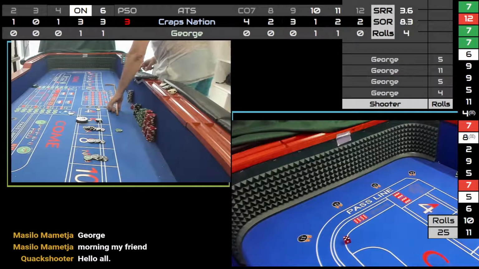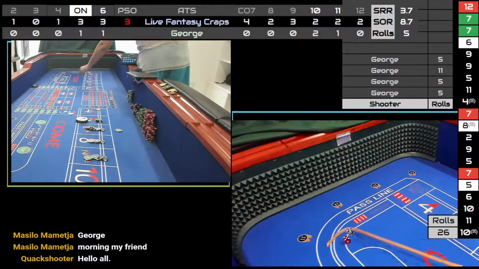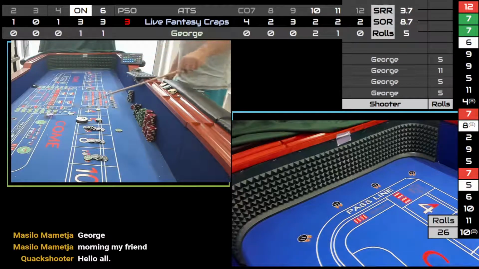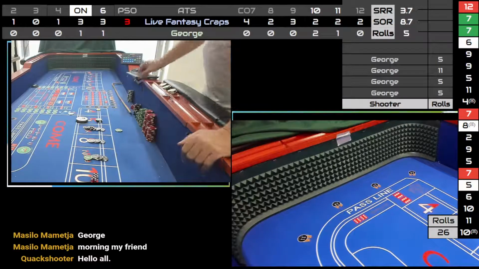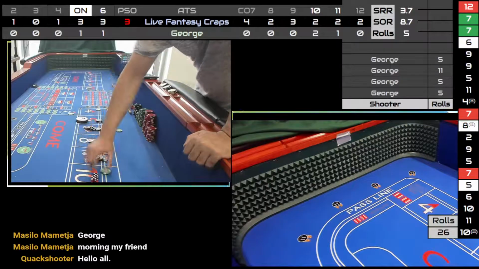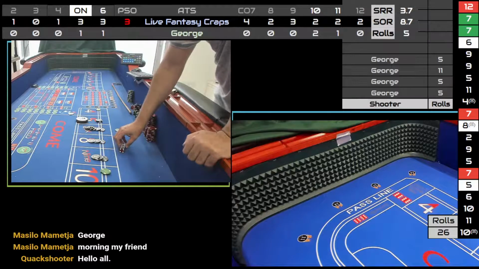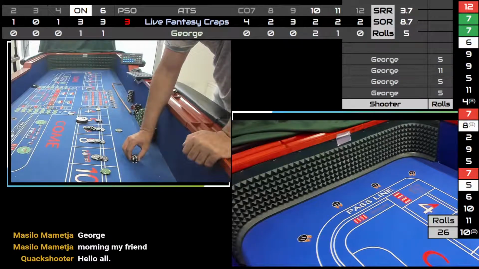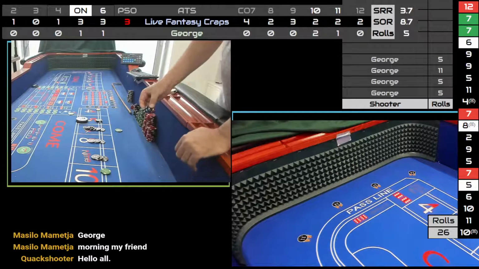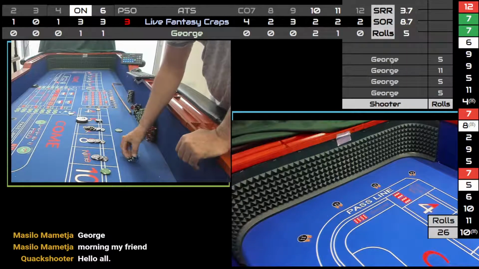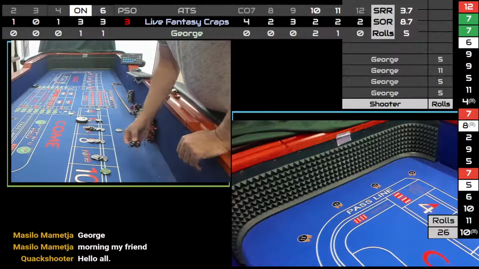Hard 10 drift. Should have been on that 10. Going 5, 1, 5, 1. Nice.